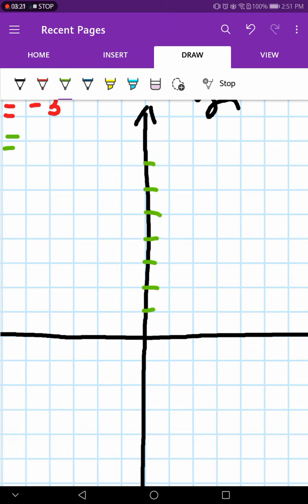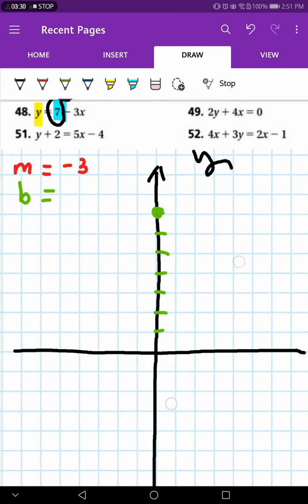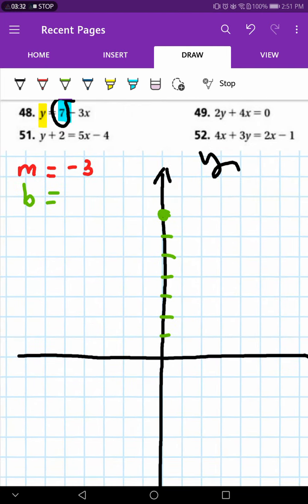So the line will hit the y-axis here. Great. But actually I need another point to know the direction and the steepness of this line.